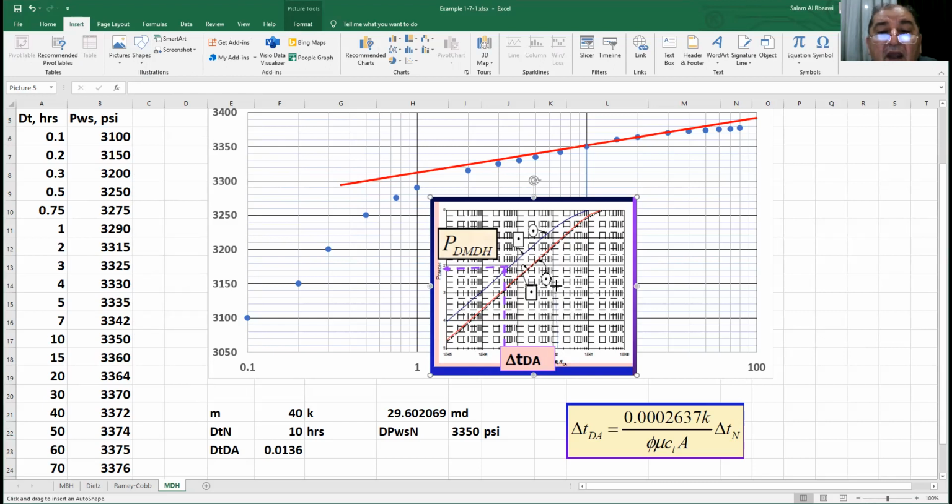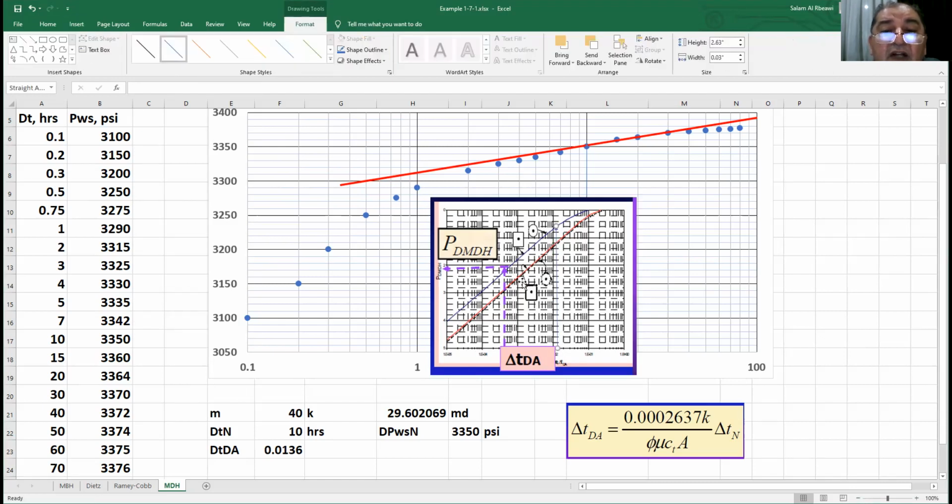0.013. And we have, of course, a closed system. So we're going to move up to this point and read the pressure. See, this is 0, 1, 2, 3, 4, 5. Be careful: 0 at the top, 5 at the bottom. So 0, 1, 2.